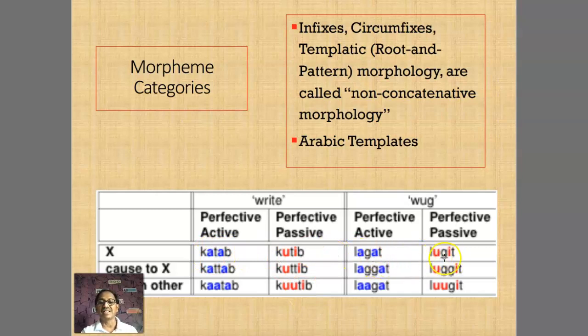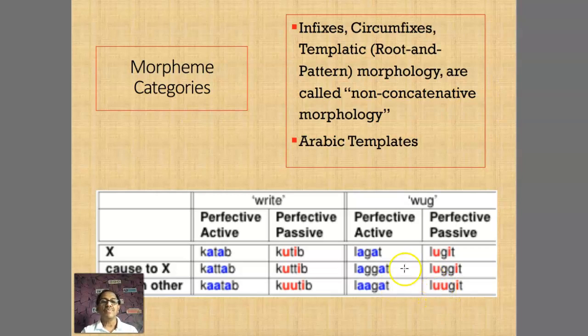Look at that. L, g, t. You have a, u, e for perfective active and perfective passive respectively. And the middle sound is geminated, that is doubled, to get the cause to x, and you get lengthening of the vowel a to get x each other, or of u.